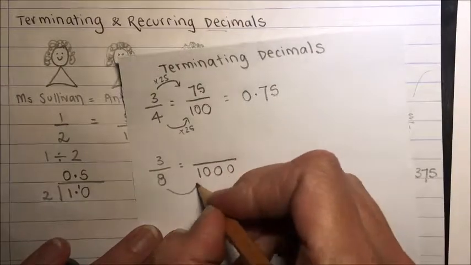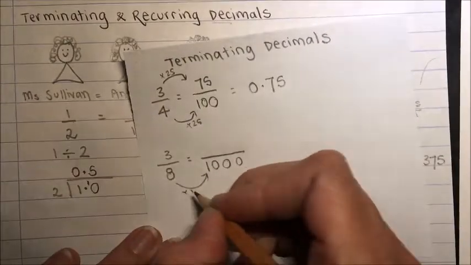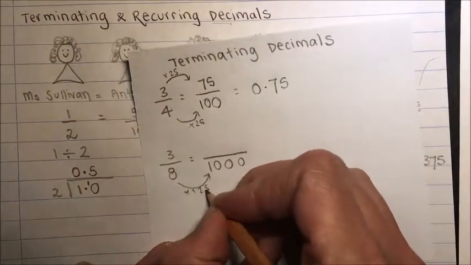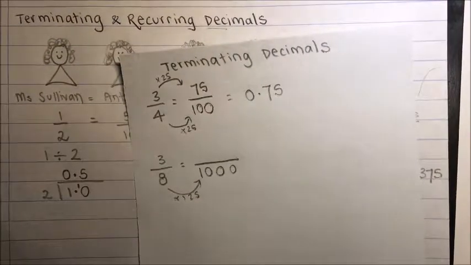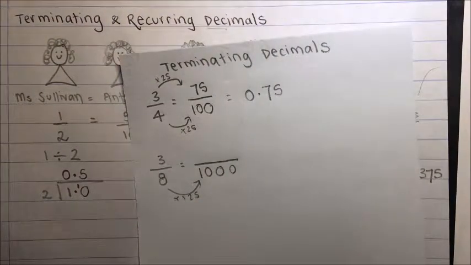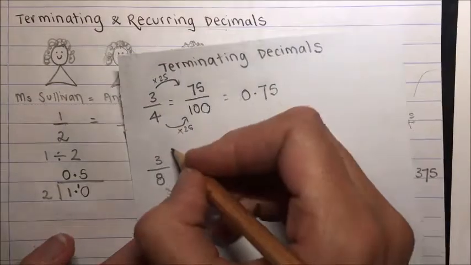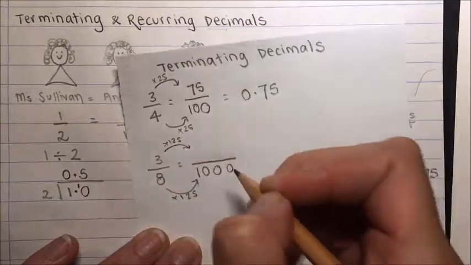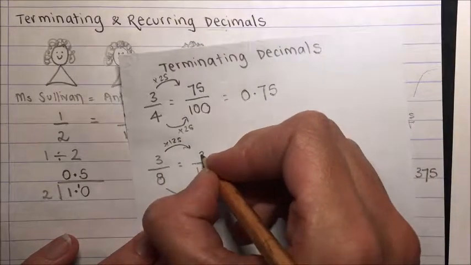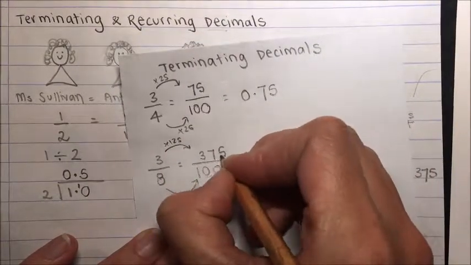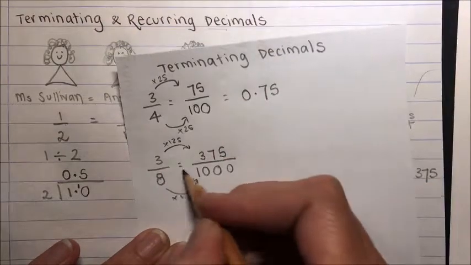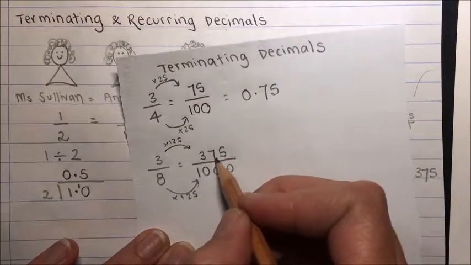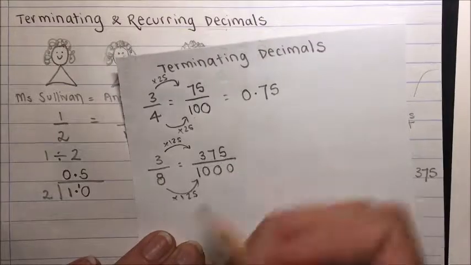So if I multiply 3 by 125, sorry, that's a bit dark and everything's moving, I'll try making it a bit brighter. I hope that's better. Then 3 times 125 is going to equal 375. So 3/8 is equivalent to 375 1,000ths.